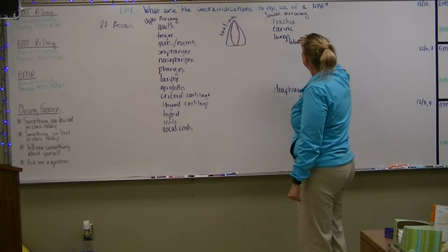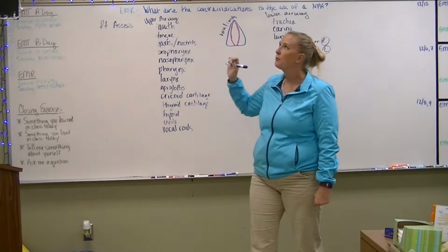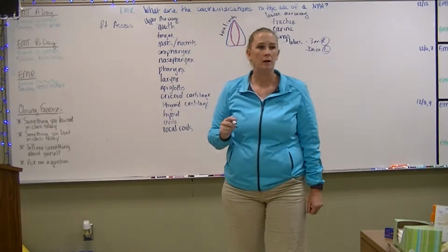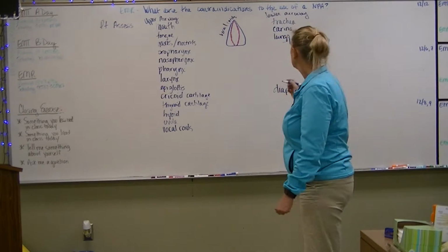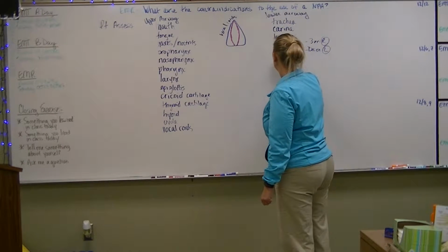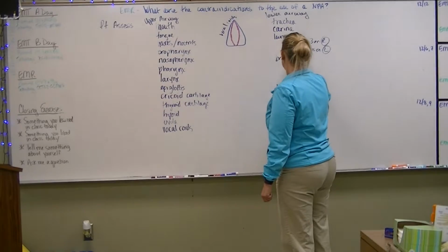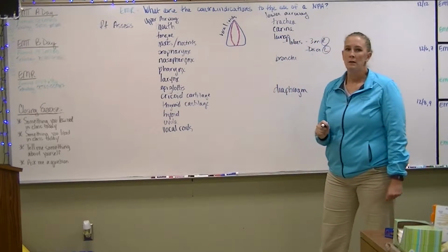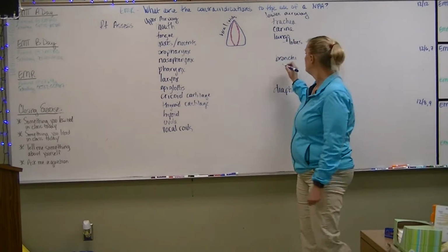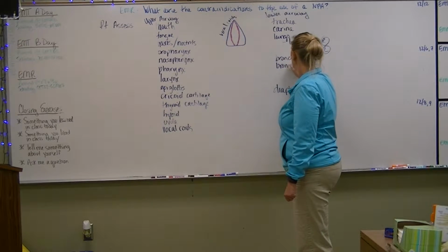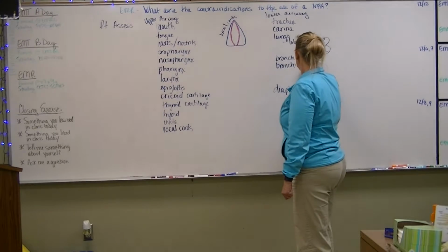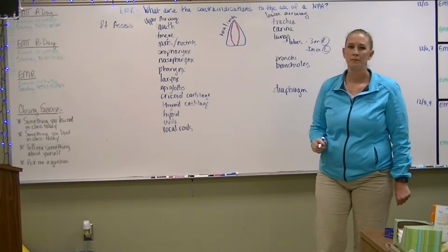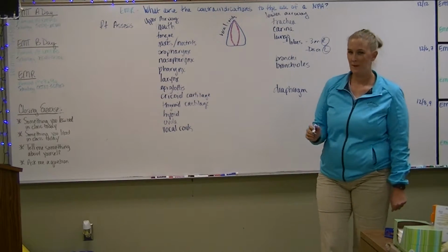What other anatomy? What other pieces and parts belong in our lower airway? Bronchioles. Okay, let's go with bronchi at first. Then we have bronchioles. Then what? Alveoli.